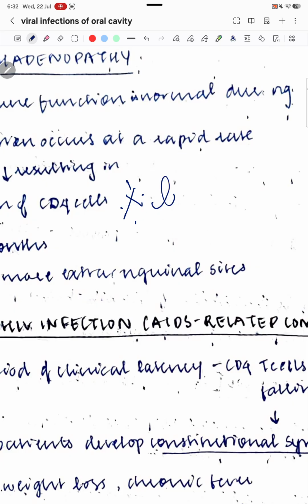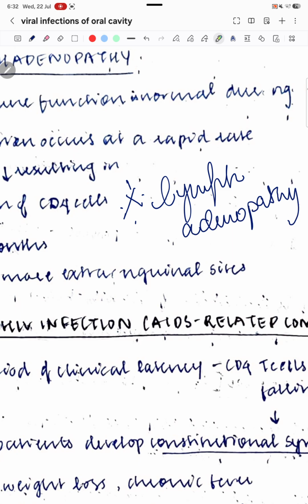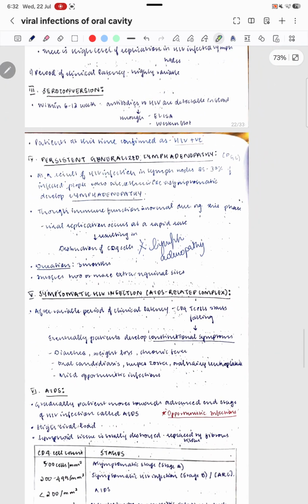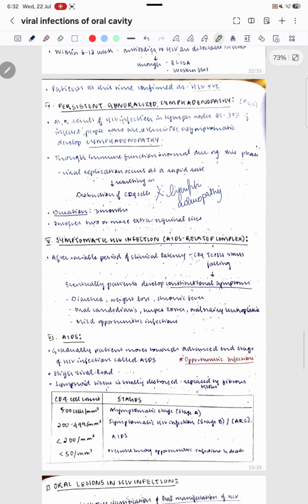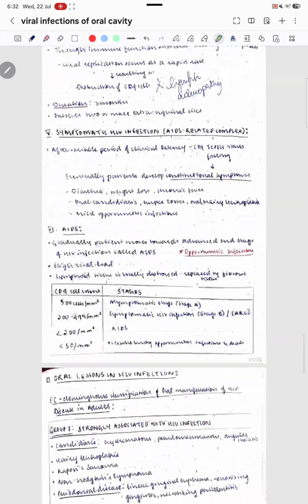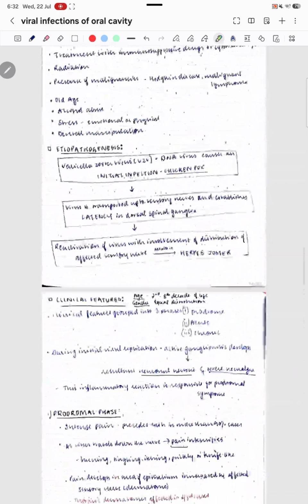This is the only thing that you can see in the latency period, which is almost a duration of 3 months. So, first to 6 weeks, let me just find a white page and write.